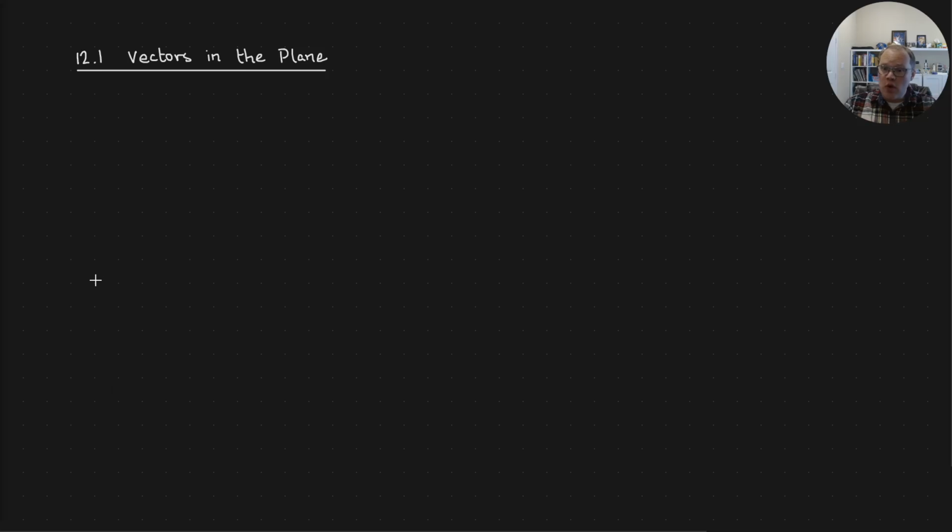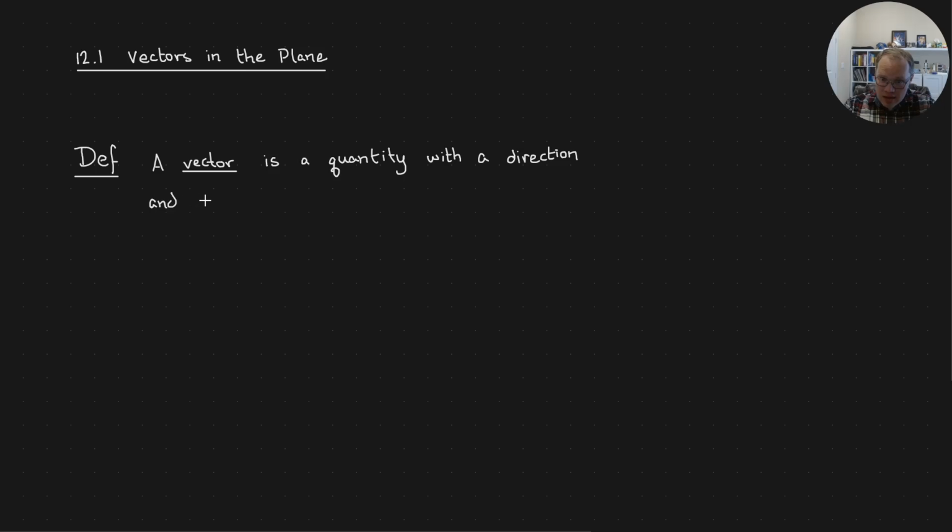To be able to do this, we're going to define a new mathematical structure. We're going to call it the vector. A vector is a quantity with two things. With a direction and a magnitude.